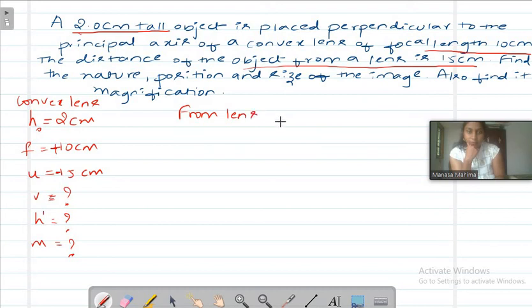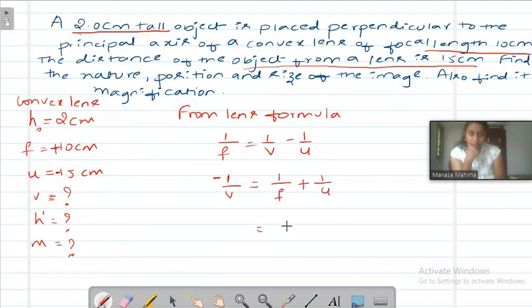We know from the lens formula that 1 by f is equal to 1 by v minus 1 by u. Correct? What do we have to solve for? We have to solve for v. So 1 by v is equal to 1 by f plus 1 by u.